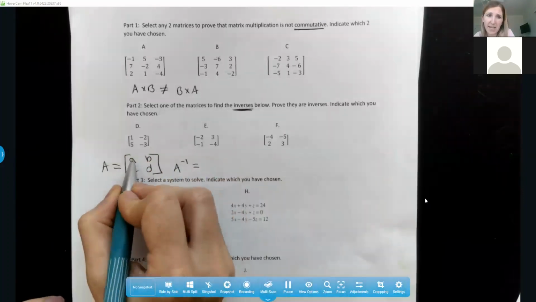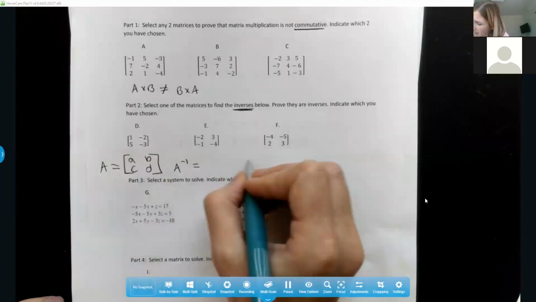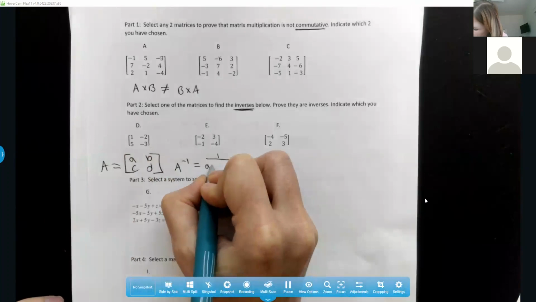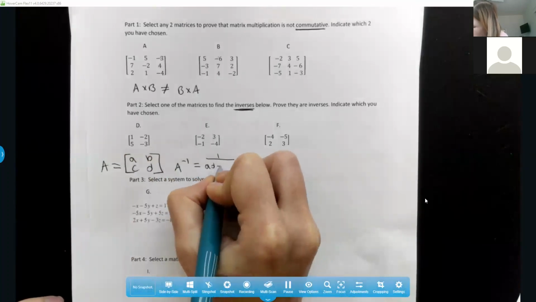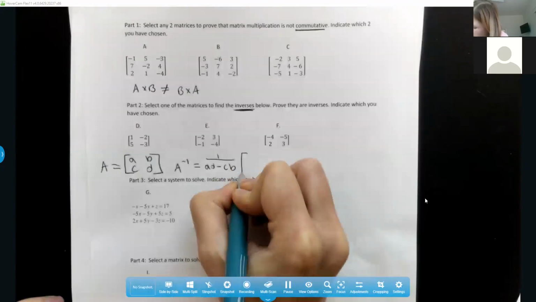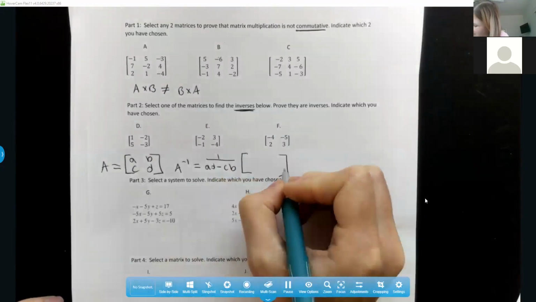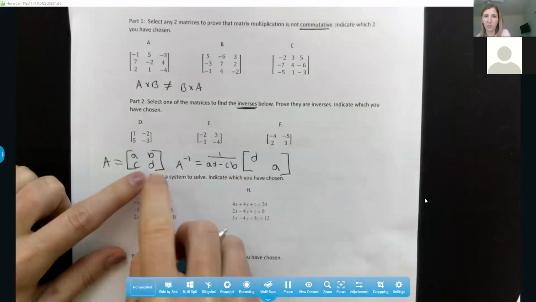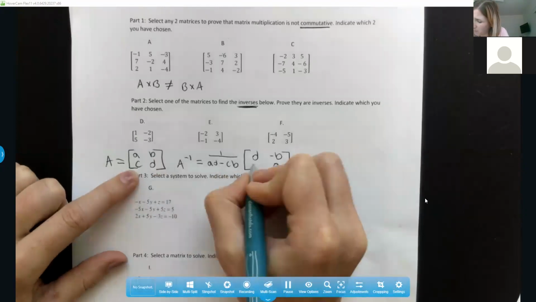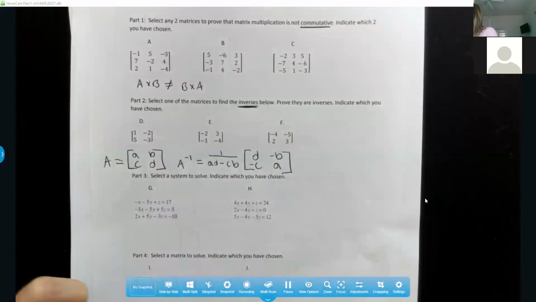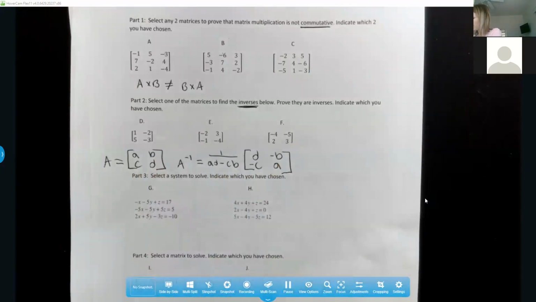So you basically take each of these letters and you do this: 1 over A times D minus C times B, times the matrix D, A. So you switch these 2. And those 2. Yep. Is this ringing a bell, kind of? Yes. Okay, great. So let's do a quick inverse practice before we get to any of these. Okay.